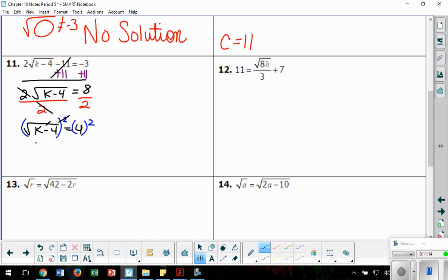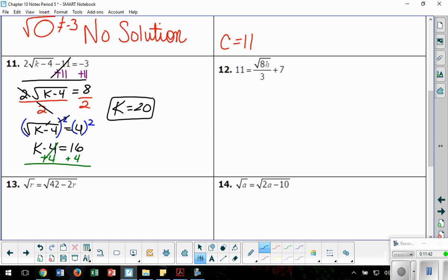Those cancel. I get square root k minus 4 equals 4, so we square both sides and get k minus 4 equals 16. And then what do I do? Plus 4 to both sides. K equals what? 20. And if you plug it in, it ends up working.